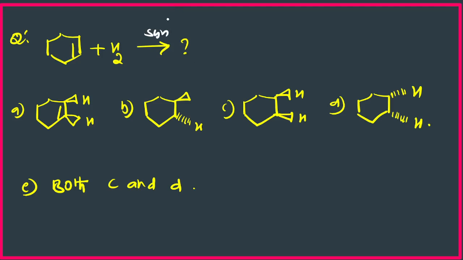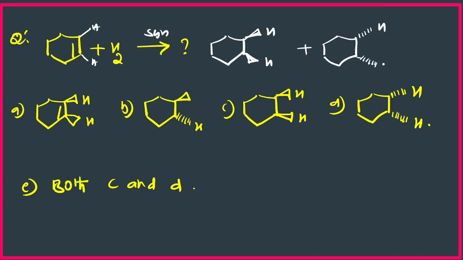This is hydrogen. Addition of hydrogen to cyclohexene gives the product, with both hydrogens attacking from the same side. So our options are C and D.